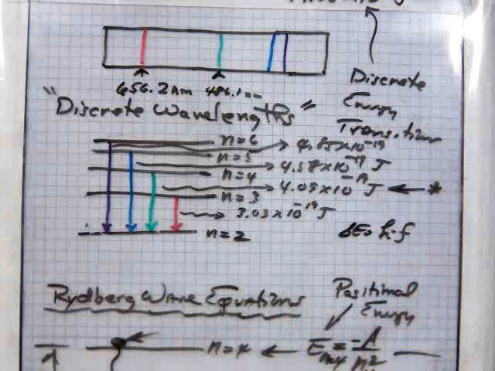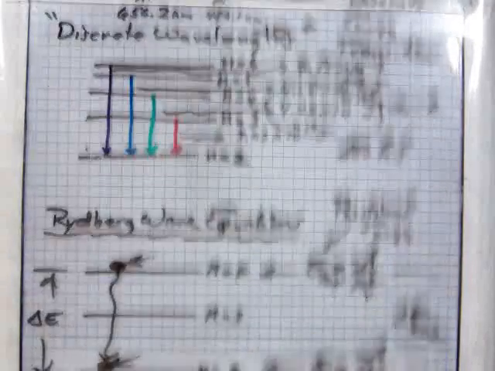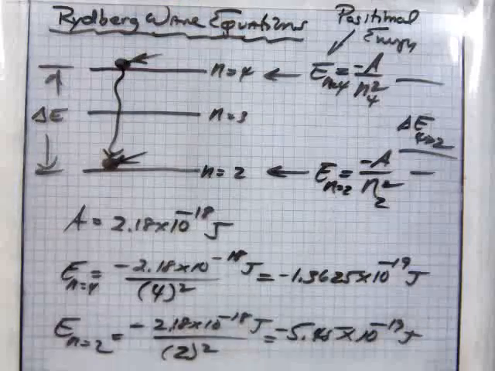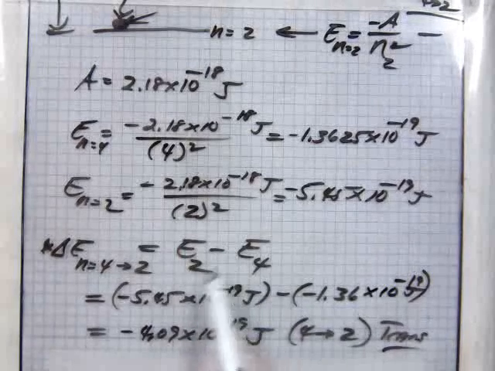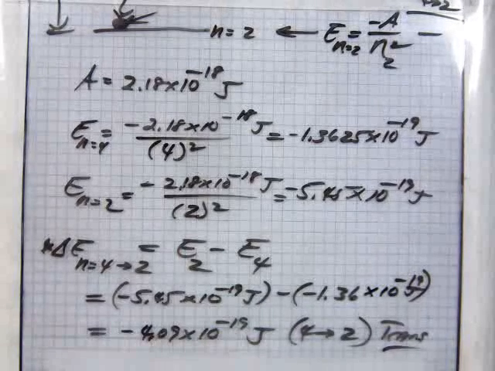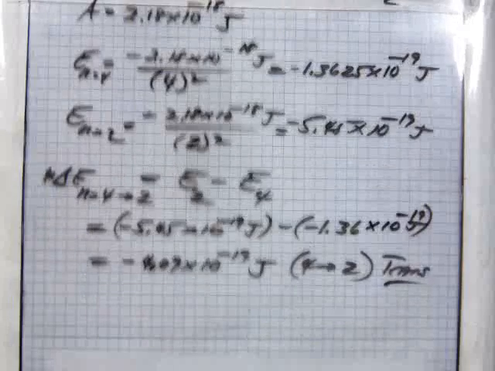Since this matches simply the transition 4 to 2 calculation based on potential energies, it is confirmed that electrons live in discrete energy levels and can only live in discrete energy levels as they orbit the nucleus, and ultimately it led to the concentric ring model.